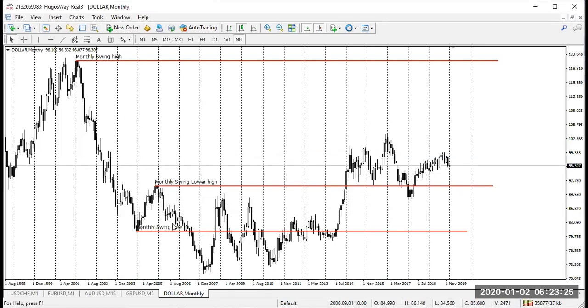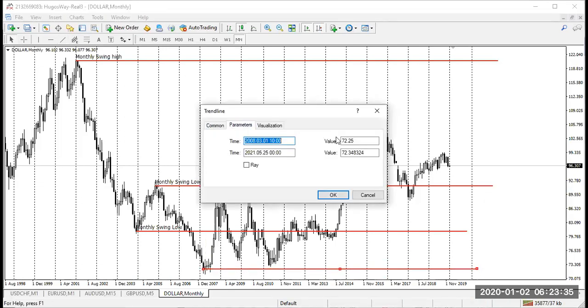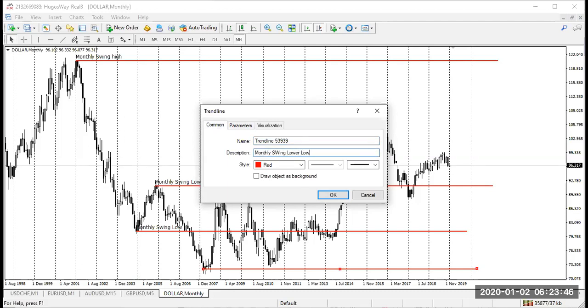All right, now we're going to follow this here. And we have 72.250. Copy, paste, monthly swing lower low.